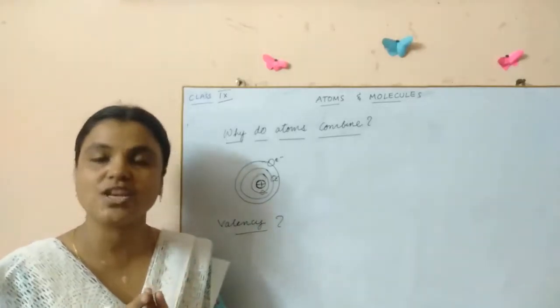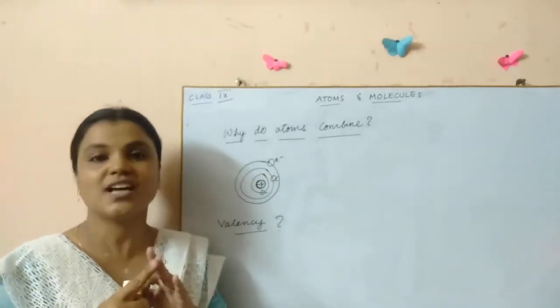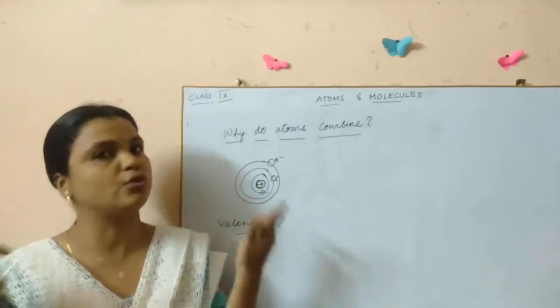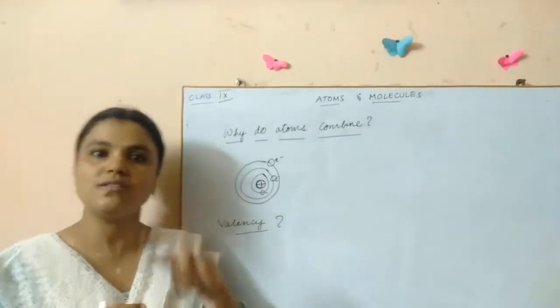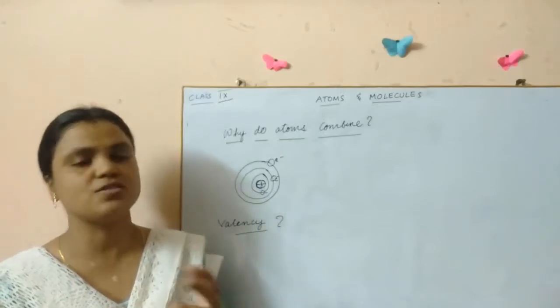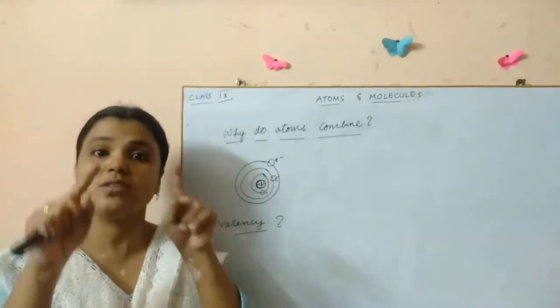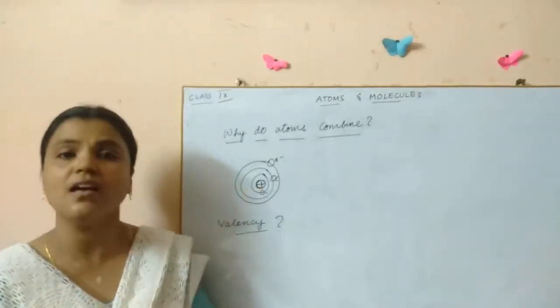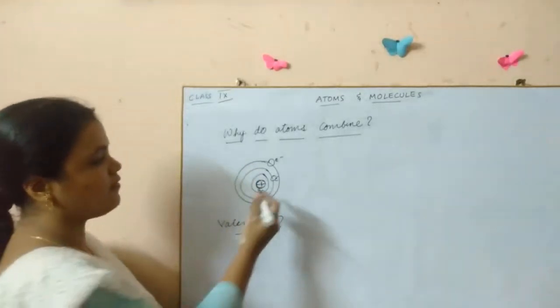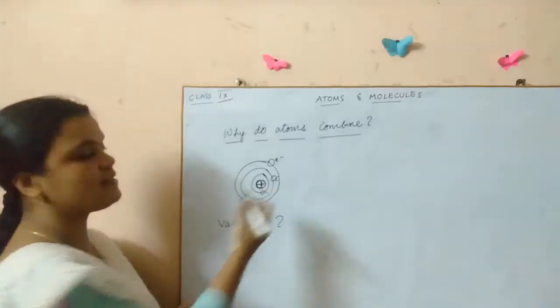Protons have positive charge, electrons have negative charge, and neutrons have no charge at all. In a nucleus you find both protons and neutrons. Because neutrons don't have any charge and protons have positive charge, the entire nucleus is positively charged. That's the reason we represent it with a plus mark.